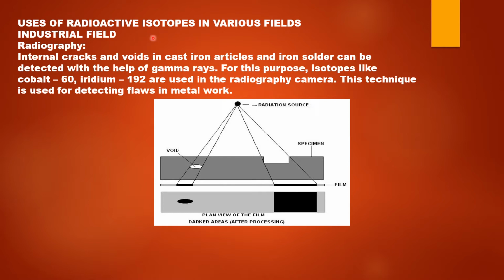Uses of radioactive isotopes in the industrial field. In the industrial field, radioactive isotopes are used in industrial radiography. Industrial radiography is a technique or a method which is used for seeing hidden flaws which are present in the material, and these hidden flaws are detected with the help of short X-rays or gamma rays.